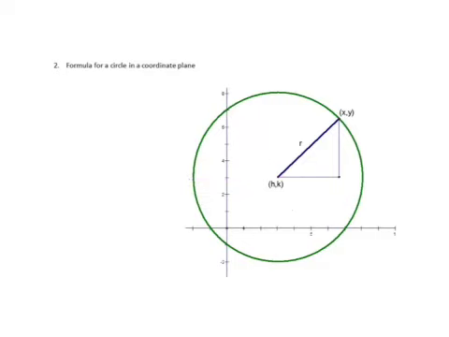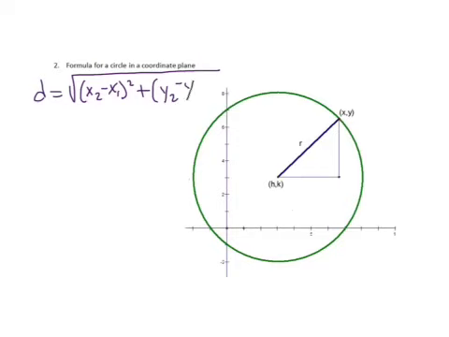All right, and the distance formula says distance is the square root of x2 minus x1 squared plus y2 minus y1 squared.